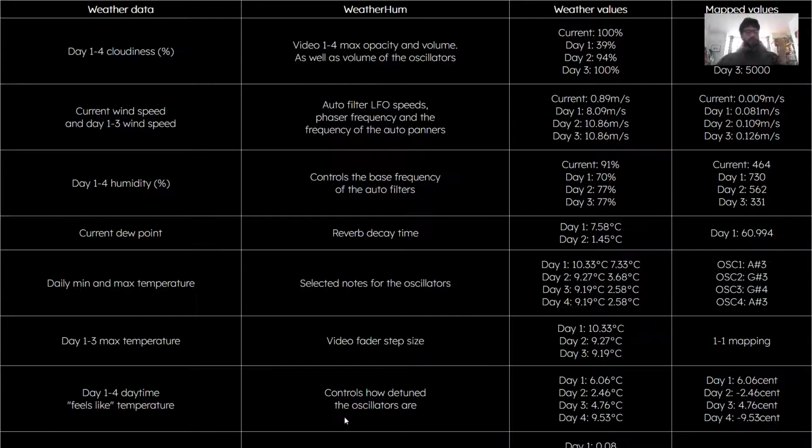But I've used notes from the G flat pentatonic scale because it's quite a nice scale and all of the notes sound quite nice together and you can't really hit a wrong note.